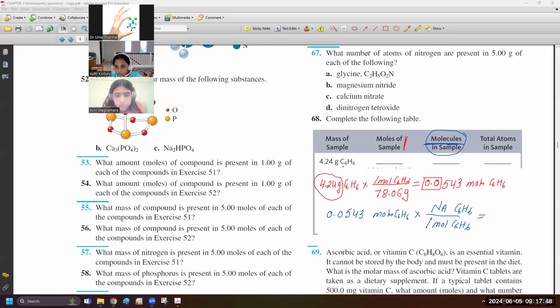We are not calculating the atoms the way we were doing here. Here, we are just going from moles to molecules. How much is this, Avni? I'm getting this answer, 3.27 times 10 raised to power 22 molecules.